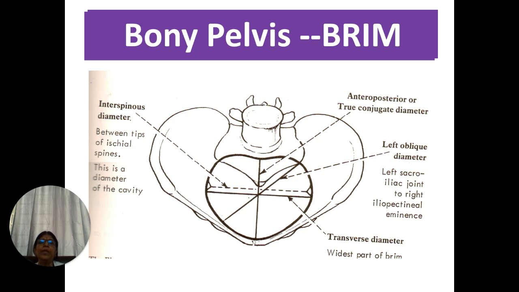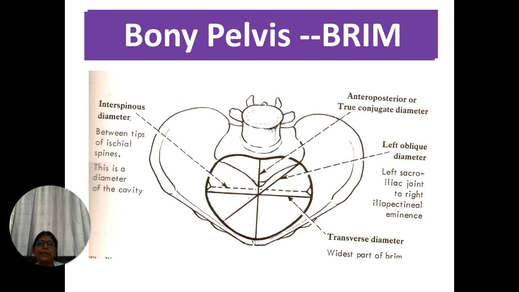Among these, the diagonal conjugate is the only measurable diameter at the brim, and this is around 11 centimeters. If you subtract 0.5 to 1 centimeter, you get the obstetric conjugate, which is around 10 centimeters, and the true conjugate is around 10.5 centimeters. This is the anteroposterior diameter.